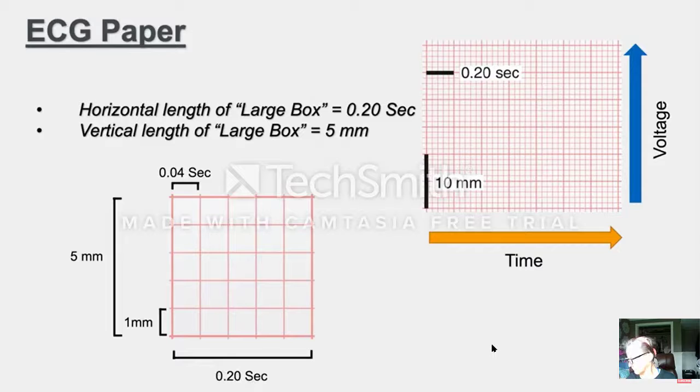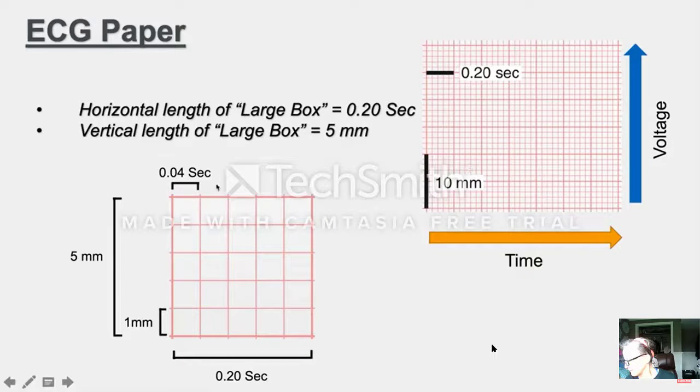And the vertical height of each small box denotes 1 millimeter. That's very important. It'll help you a lot to recognize that each small box vertically denotes 1 millimeter, because we use this number a lot to calculate if there's any left ventricular hypertrophy or left atrial enlargement, those types of things. So it's very important to know that.